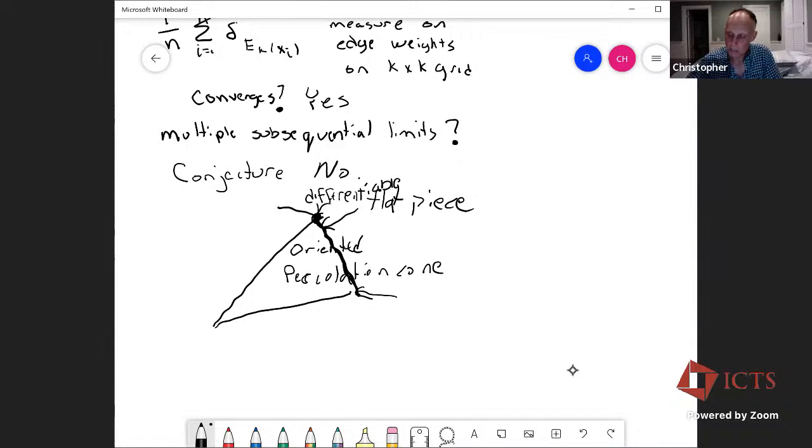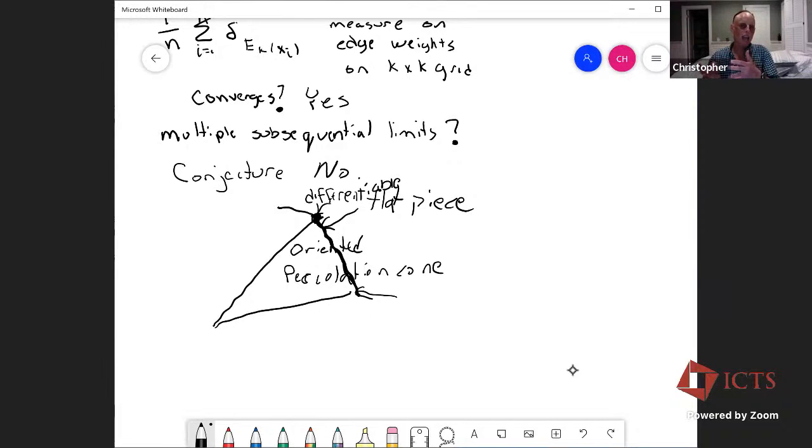Since it's differentiable here, I'm going to get a collection of geodesics whose directions are getting closer and closer to this direction. And I'm going to get a collection of geodesics that are clockwise, getting closer and closer to this direction here. So the two boundaries of the cone.